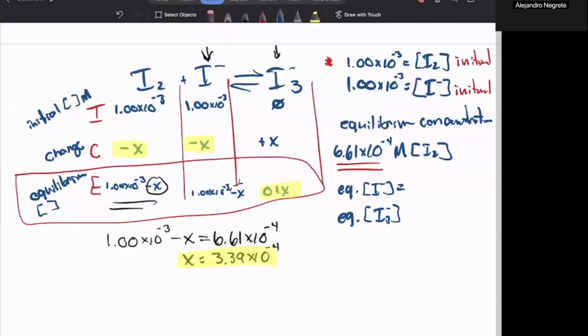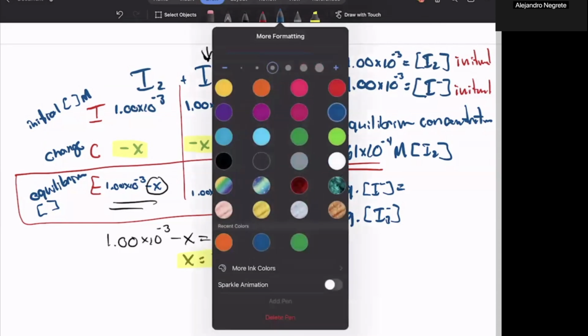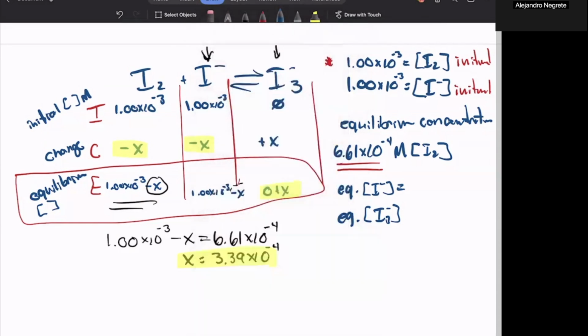So we can see that the concentration of this iodide is equal to the concentration of the iodine, so those concentrations are equal to each other. We can do the math for it: 1.00 times 10 to the minus 3 minus 3.39 times 10 to the minus 4, which also equals 6.61 times 10 to the minus 4.